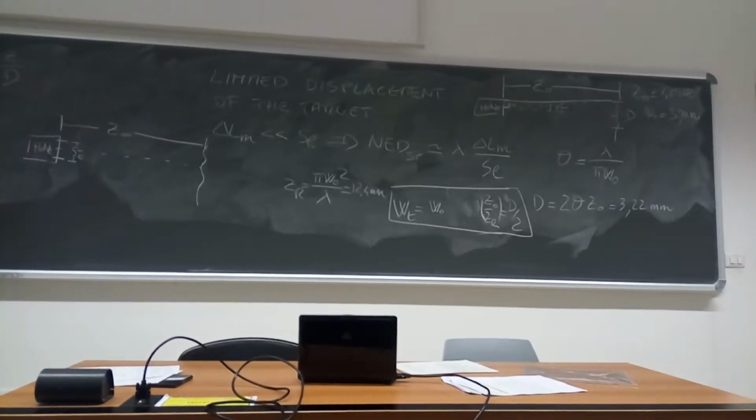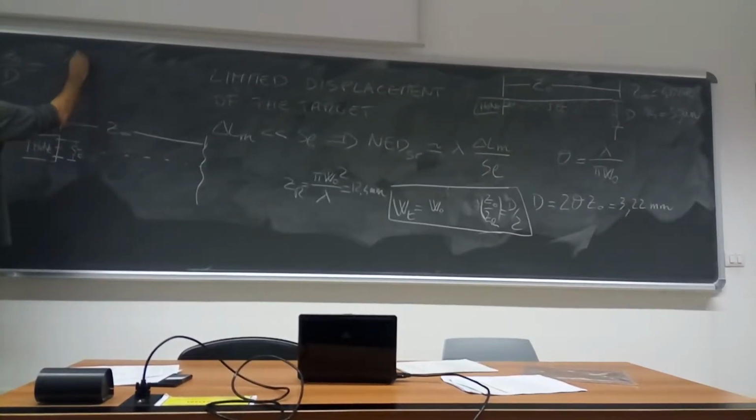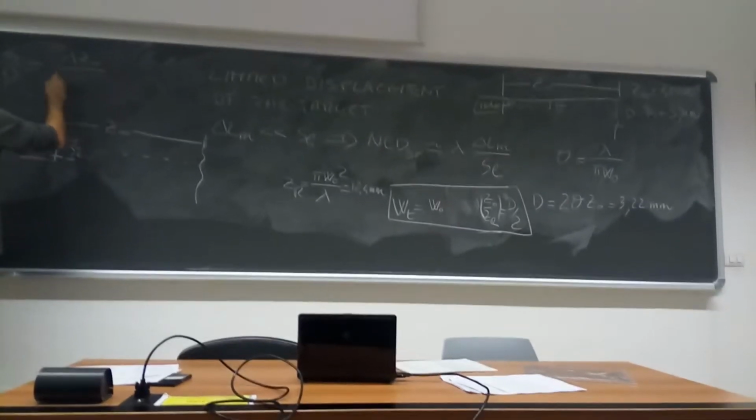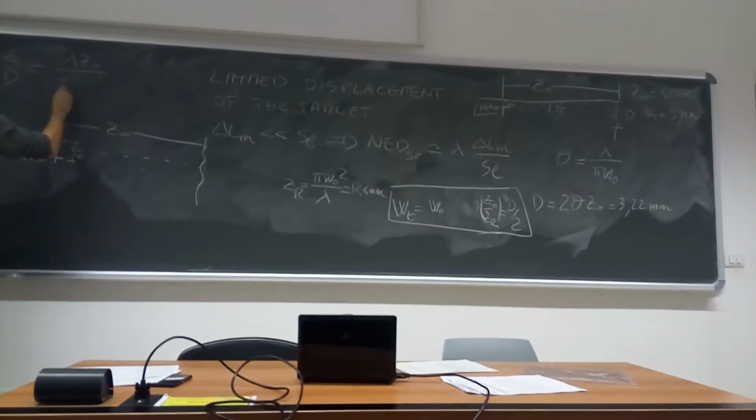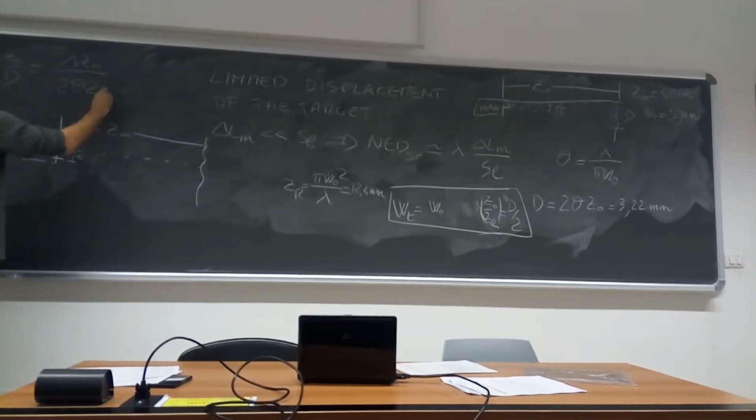Okay, so this is Z0. So I have lambda Z0 divided by theta Z0.